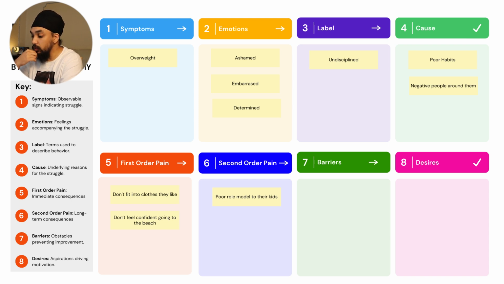Even if we look back at causes, you said that you've got poor habits. Why do you have poor habits? Is it because you don't know how to build good habits? And that might be it. Or is it that you don't have the right people around you, so there's no one that can actually help you?